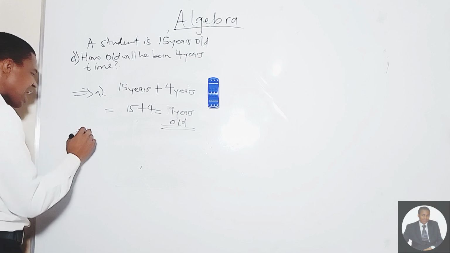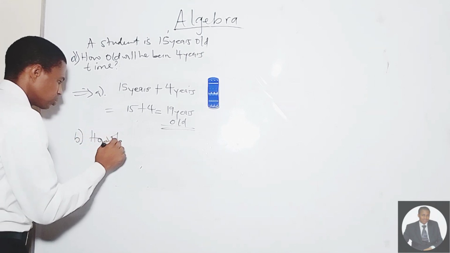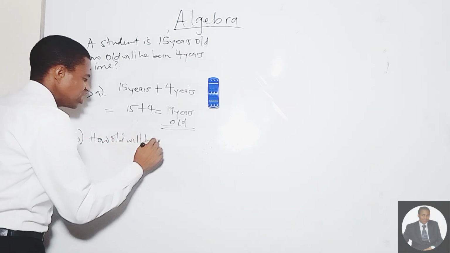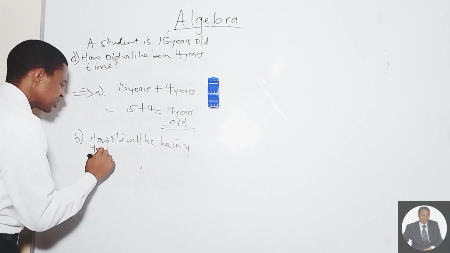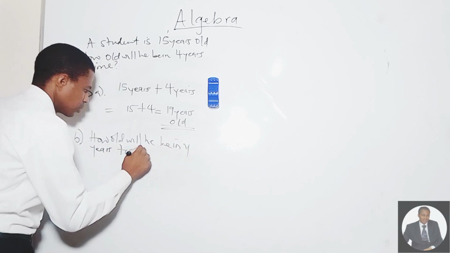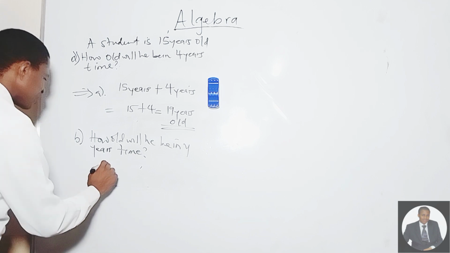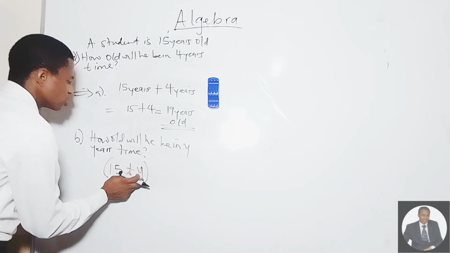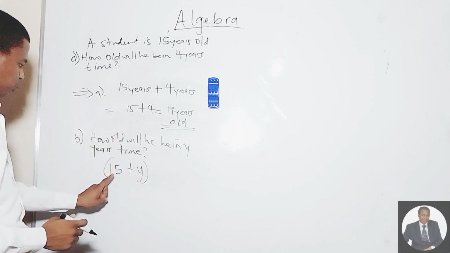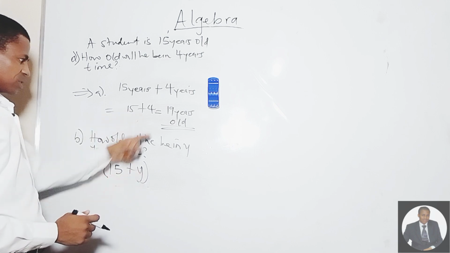Another question will be, how old will he be in Y years' time? If he is 15 years now, in Y years' time, it will be 15 plus Y. In 4 years' time, it will be 15 plus 4, it will be 19.